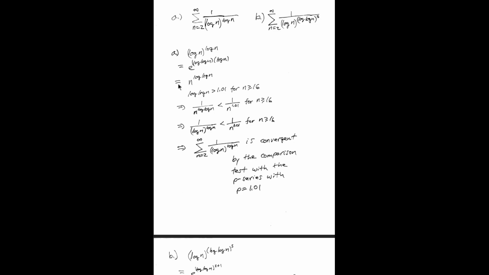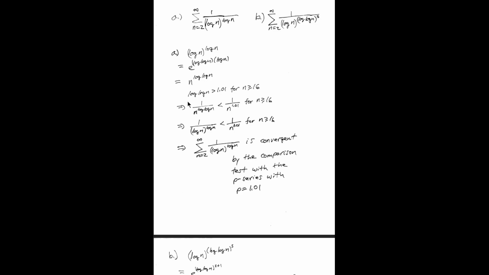Now, log n is an increasing function, and it'll go to infinity. And doing a little calculation, we will see that log n is greater than 1.01 for n greater than or equal to 16.